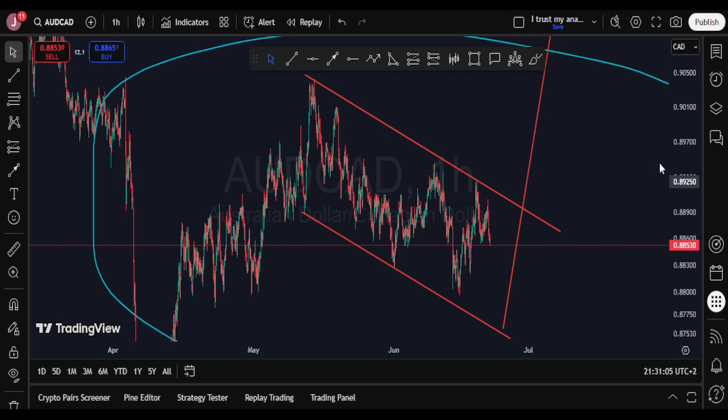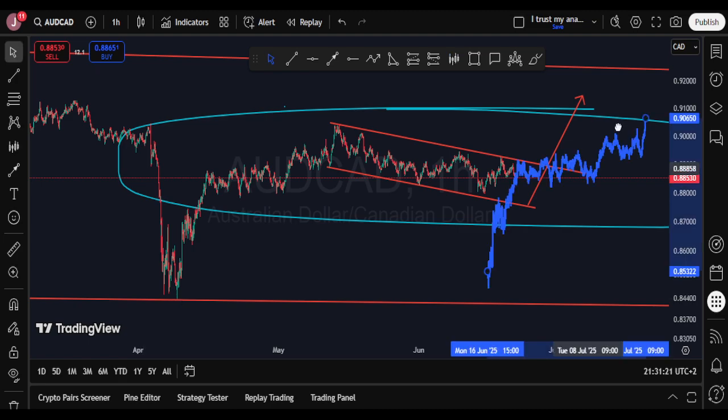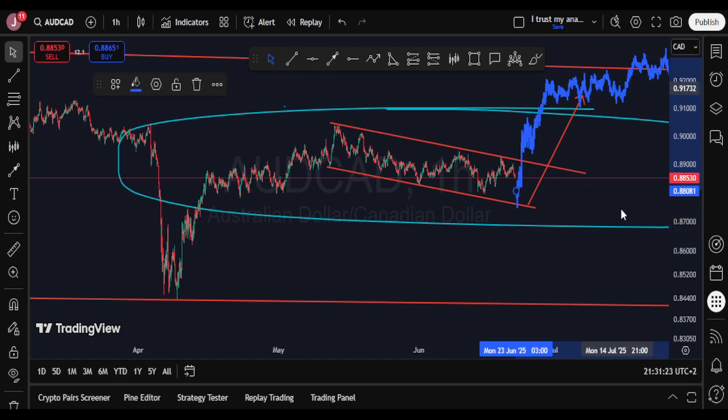Let me just zoom out a little bit. We are looking to trade this leg, this push up. So eventually that is what we are looking forward to and anticipating.